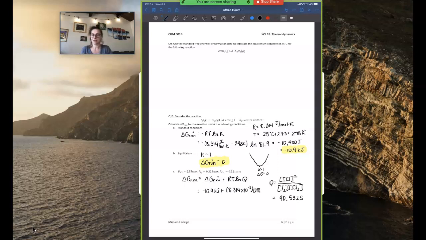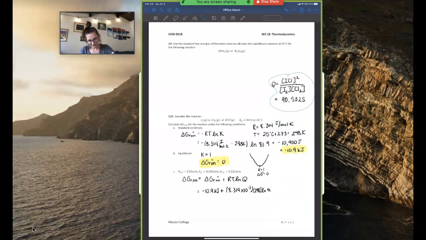Once again, if you do 298.15, you'll get a slightly different answer, and then times the natural log of Q, which is the 90.5325. And when we plug that in, you should get 0.263 kilojoules under these conditions.